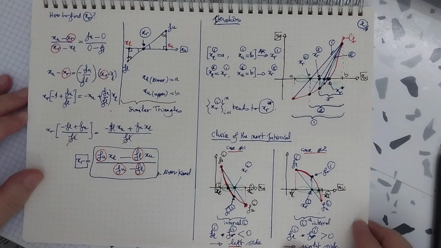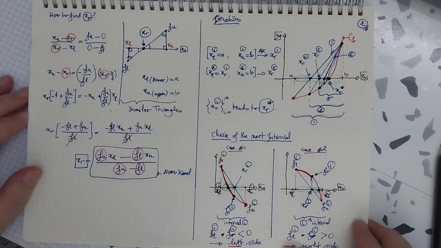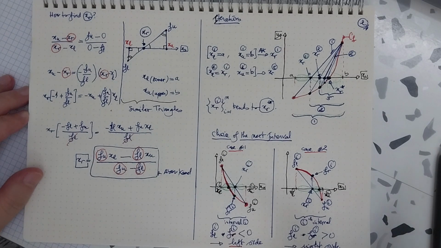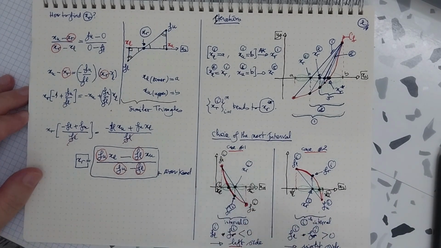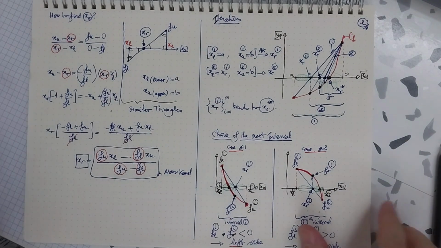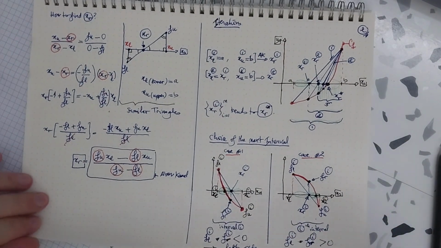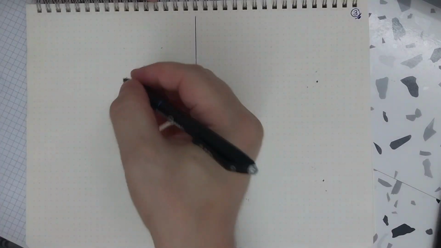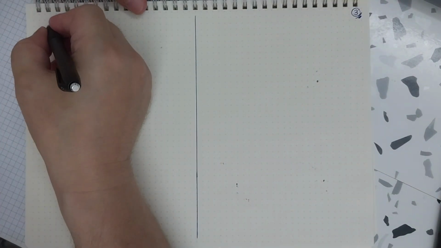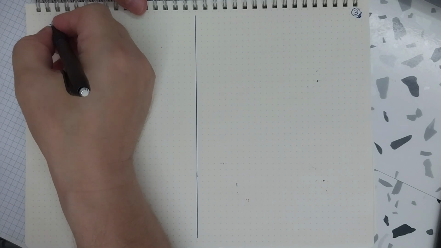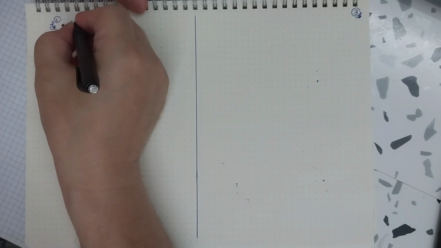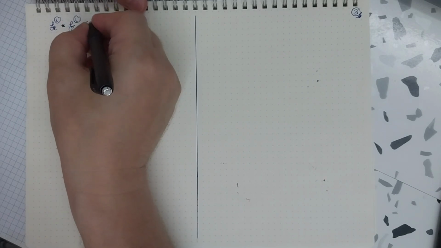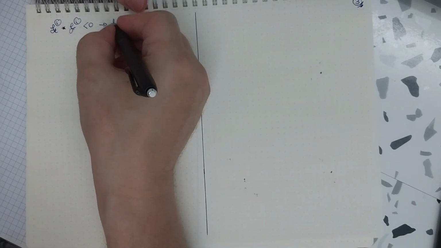Well, that's it for the choice of the next interval. Just at each iteration, we just have to compare the signs. Let's observe something here before going to the next point. If FRI is negative, it is at the left.